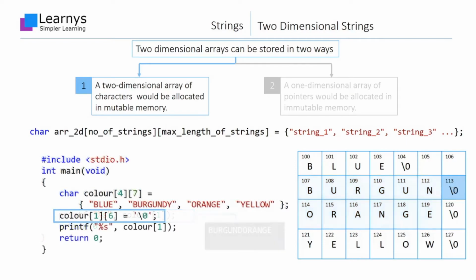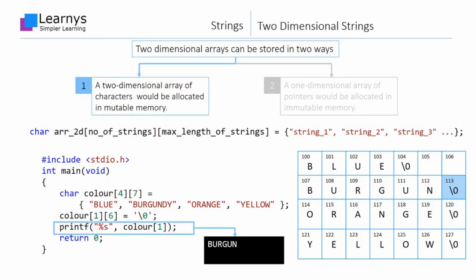The program on the screen takes the previous example and replaces the D with a null character in the string stored at the second location. This fixes the problem faced earlier where 2 consecutive strings were getting printed, and we see the expected output in the terminal. But this flexibility of modifying a string once allocated comes at the cost of wasting memory.